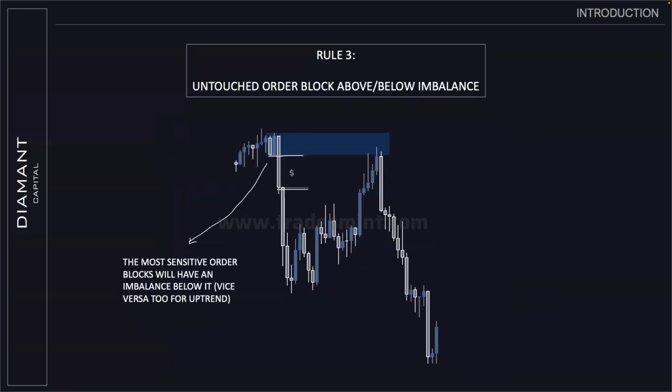Then rule number 3: an untouched order block above or below an imbalance, depending on the trend direction. In this case, it's going to be an order block above the imbalance. Most sensitive order blocks will have an imbalance below them, and vice versa as well. There are scenarios where you get order blocks that have been mitigated on the way downwards. Let me just get the annotation tool.